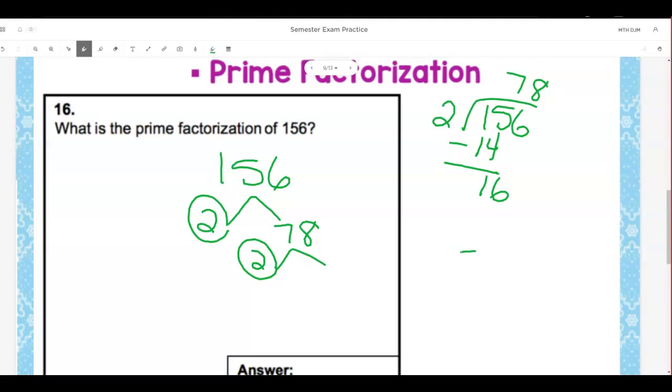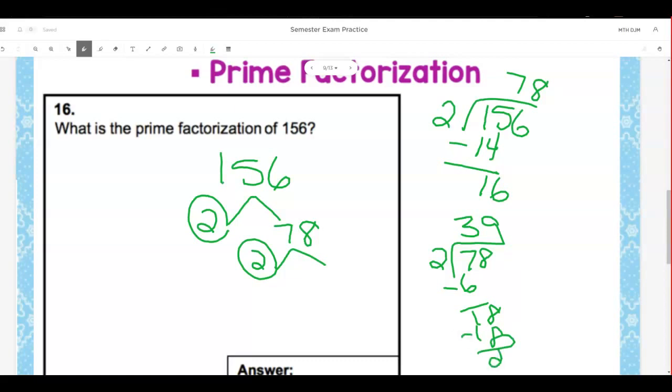So 78, half of 78. 78 divided by 2. How many times does 2 go into 7? Yeah. 2 times 3 is 6. We're going to subtract. How many times does 2 go into 18? 9. Yeah, 9. That's going to be a 0.